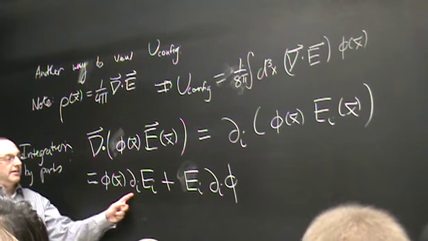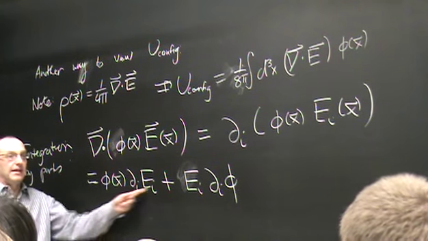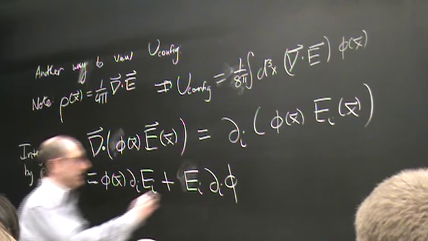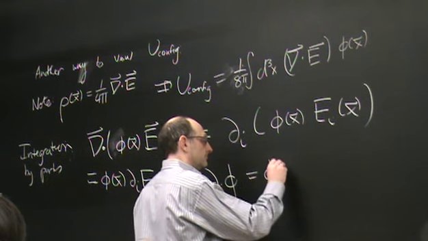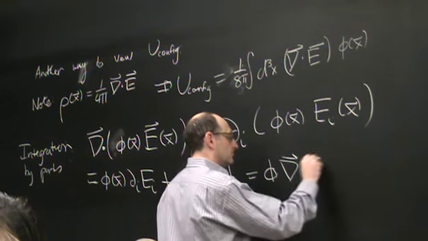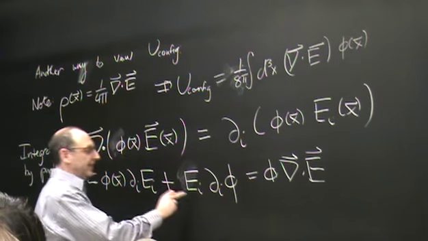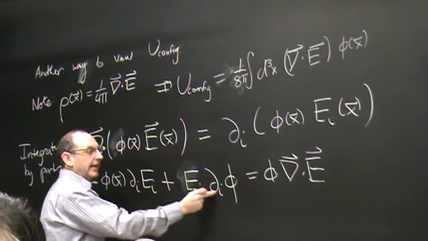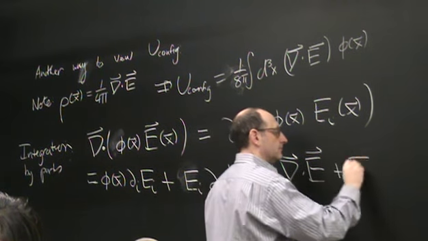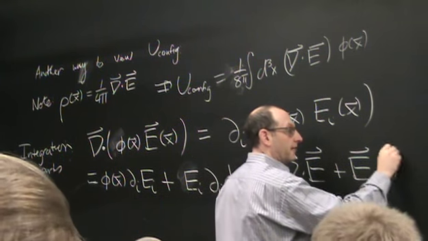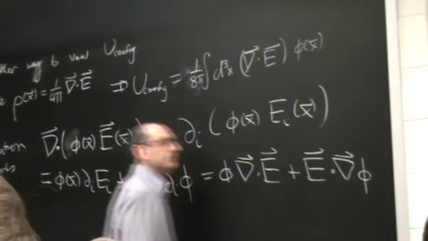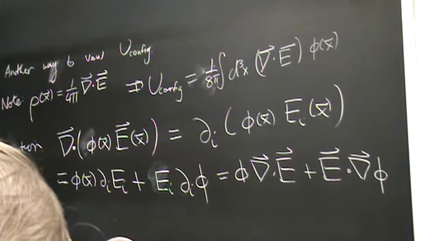And this sum over i means the divergence of E. And this is E dotted into del on phi. Right?